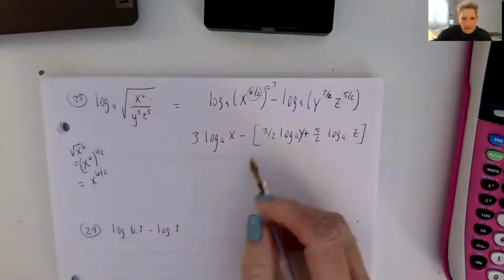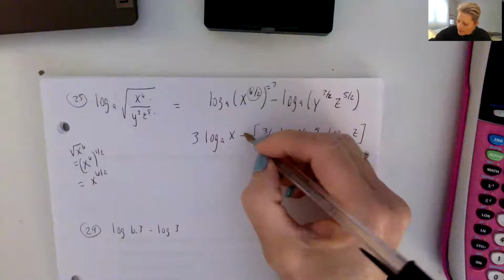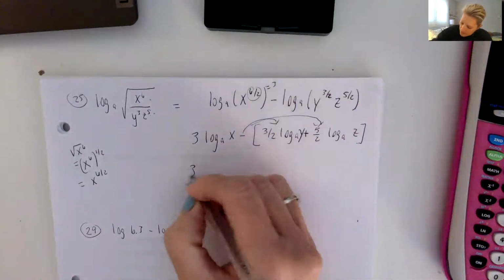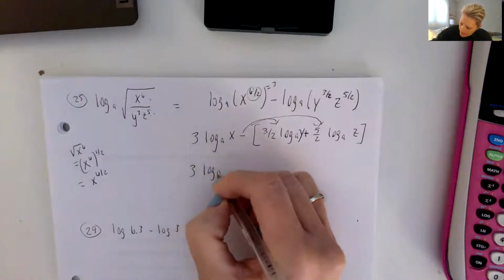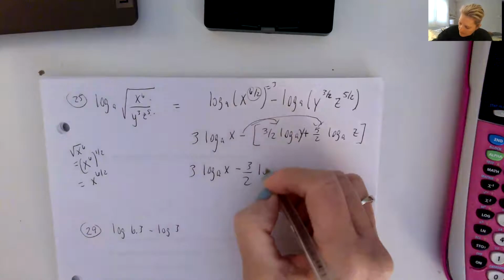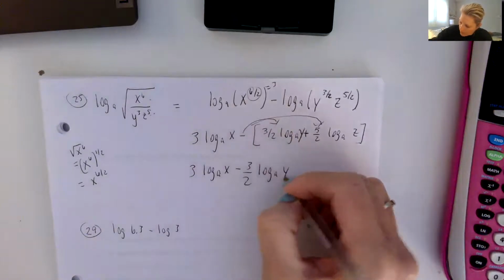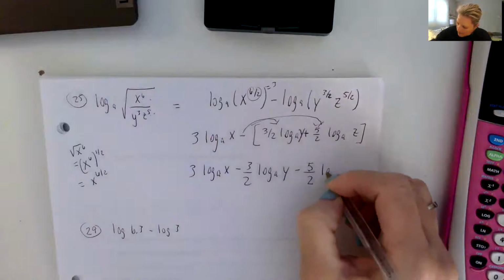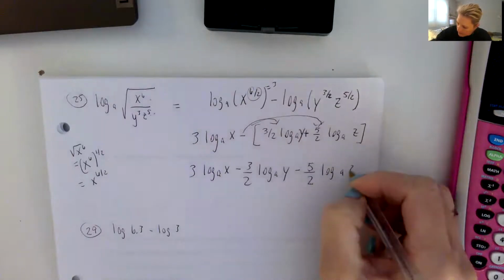And the last thing is to distribute this negative. So this will be 3 log base a of x subtracting 3 halves log base a of y subtracting 5 halves log base a of z.